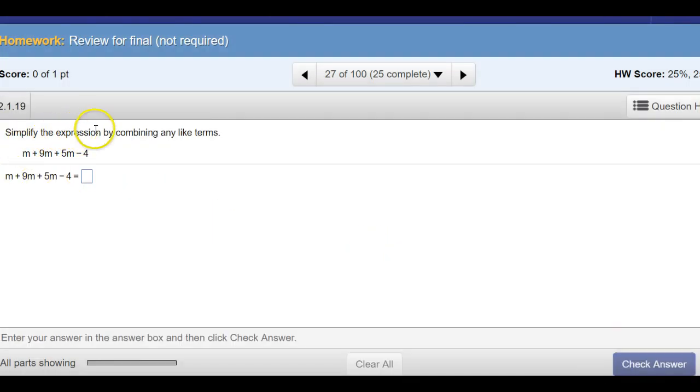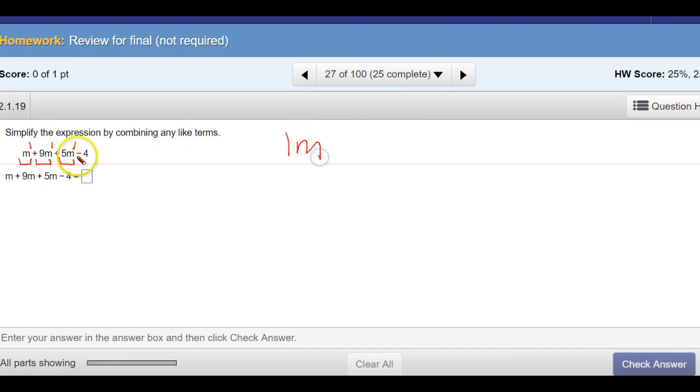Now simplify the expression by combining any like terms. A strategy here is, what are your like terms? Well, it's this, this, this. Any variable which is with the same exponent. These are all like terms. So one way to do it is to do it vertically.